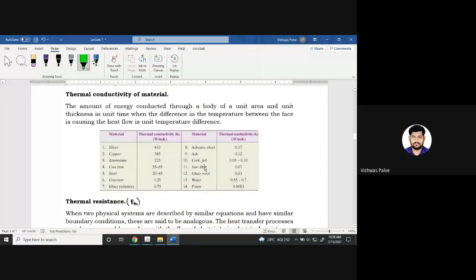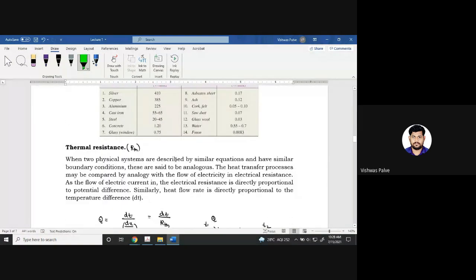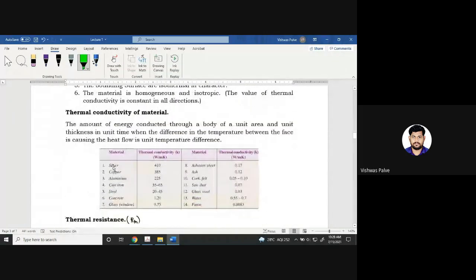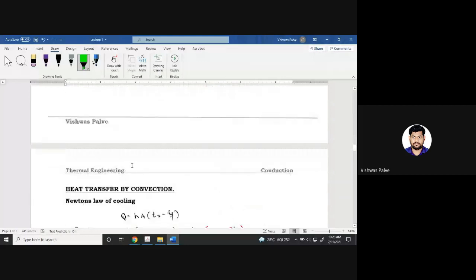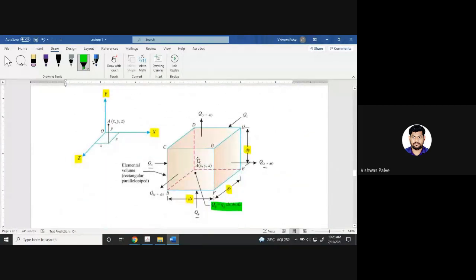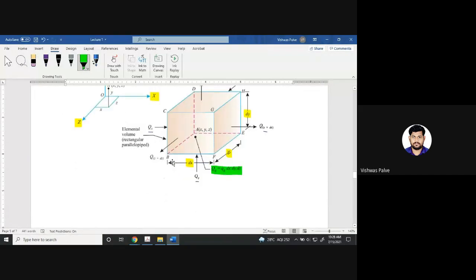It is a property of a material by which we can judge how much heat it is going to transfer. We are not going to consider this as isotropic, so kx, ky, kz will be different in the x, y, and z directions.